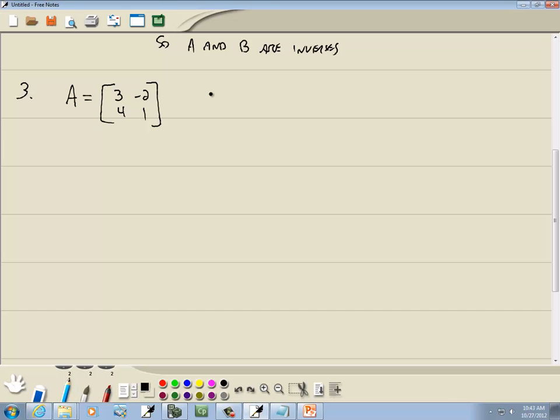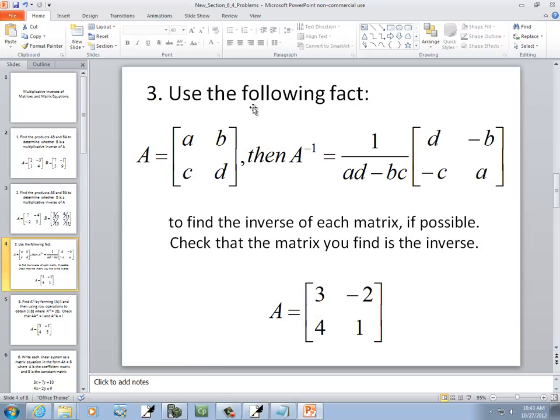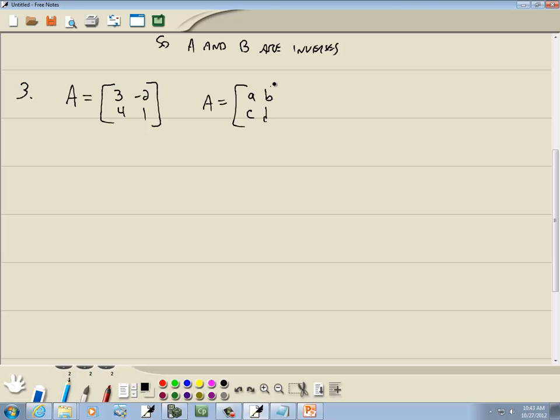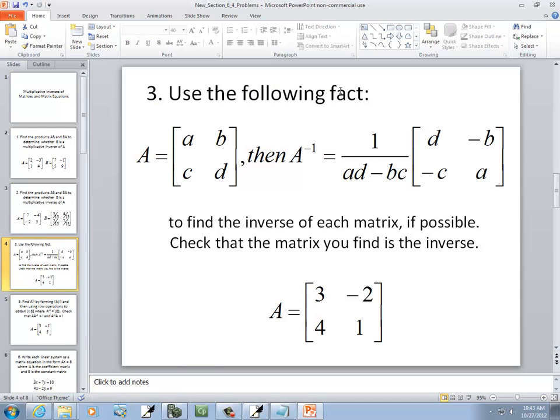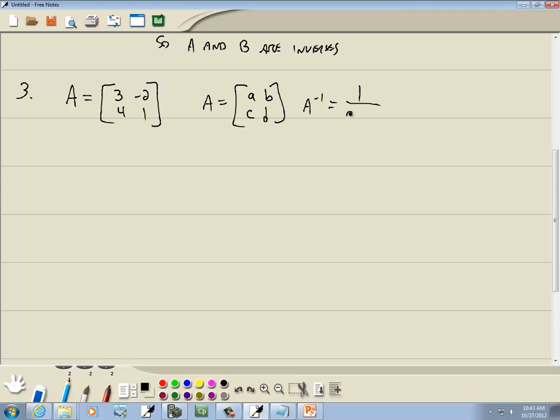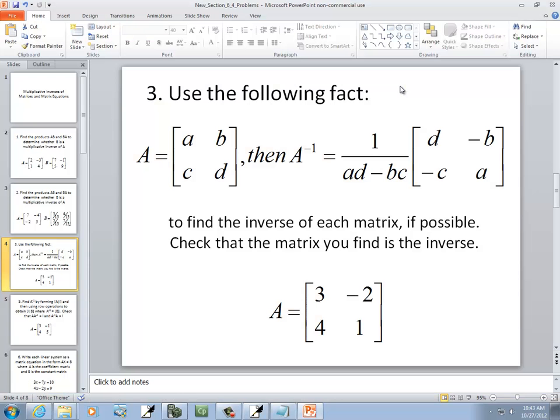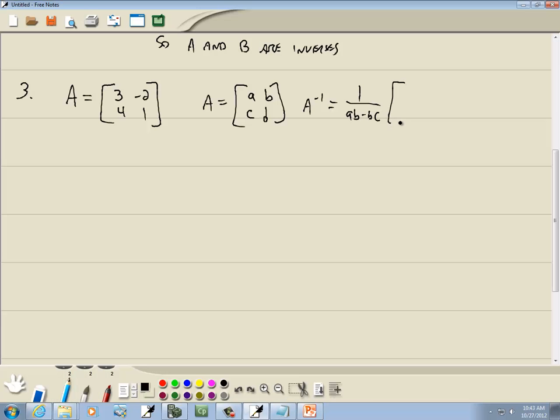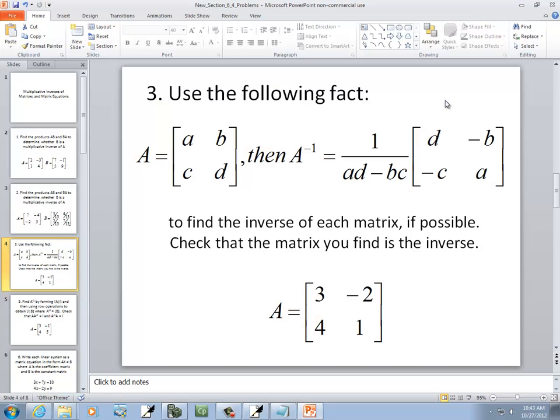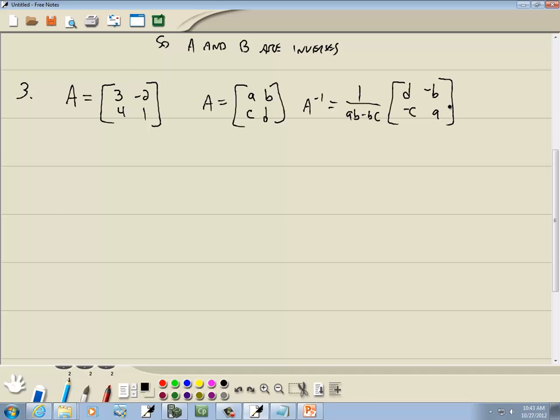And it says, for a shortcut, if A is equal to a, b, c, d, then our inverse is going to equal 1 over ad minus bc, times d, -b, -c, a. Okay, I got everything written down correctly.